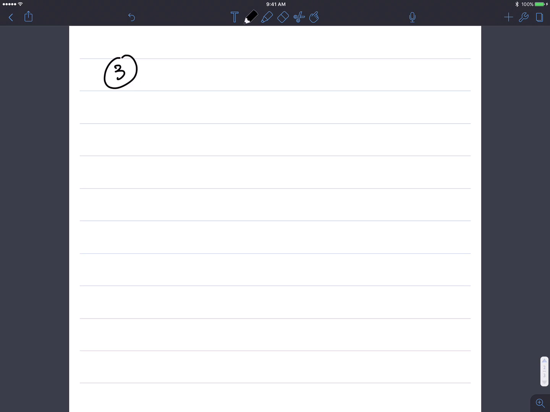Number 3, square root of -9. We're going to write this as -1 times 9. Notice I have a -1. So we get the square root of -1 times the square root of 9.